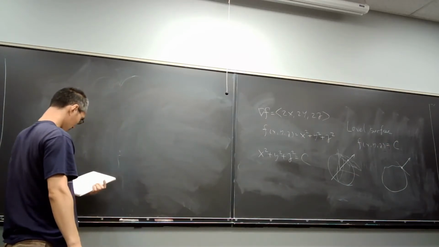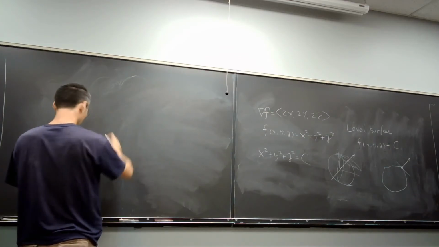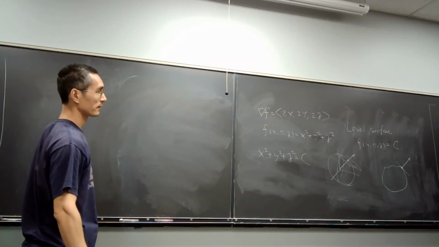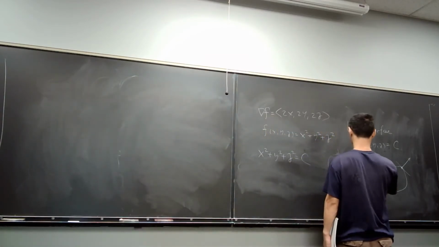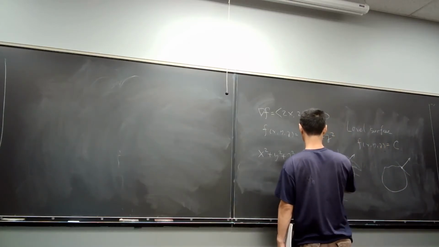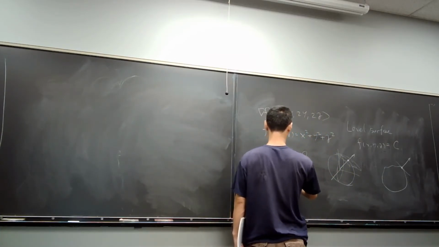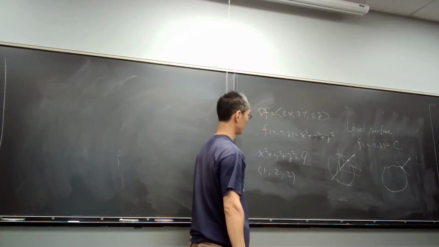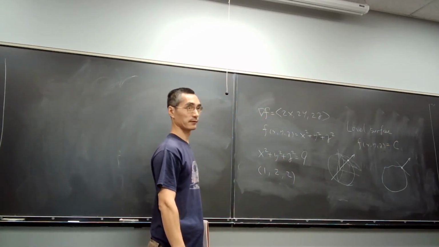Now I'll give you more examples. So if I write it out in equation form, let me make it more concrete. Say I call this 9, and I fix a point on it, 1, 2, 2. All right, 1, 2, 2 is on this sphere of radius 3.